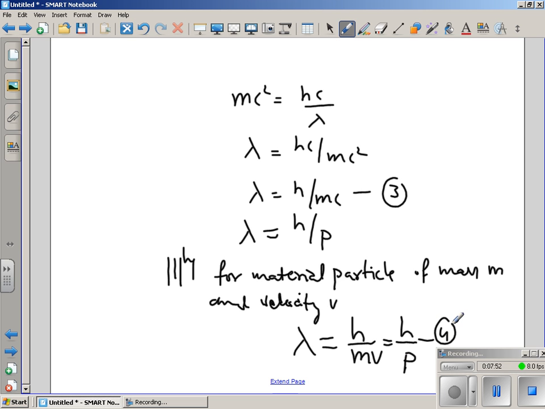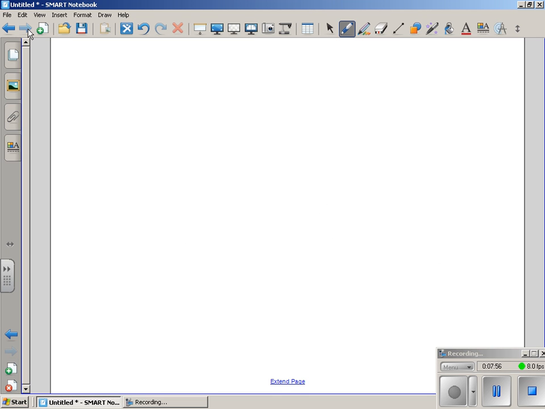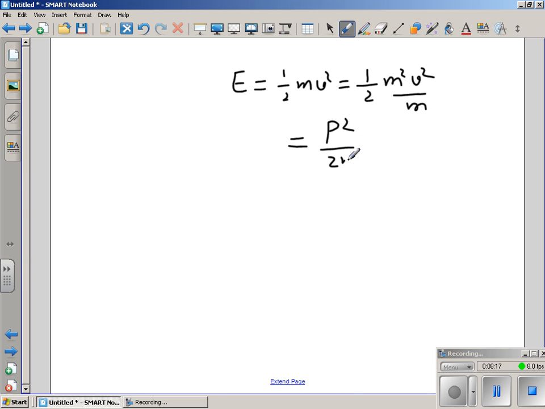If E is the kinetic energy of the material particle, then we can write the equation as follows. First we write the equation for energy, half mv squared, multiplying and dividing by m. We can write the same as m squared v squared by 2m, that is p squared by 2m, or p equals under root 2mE.